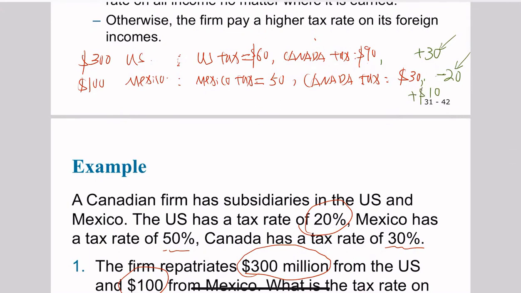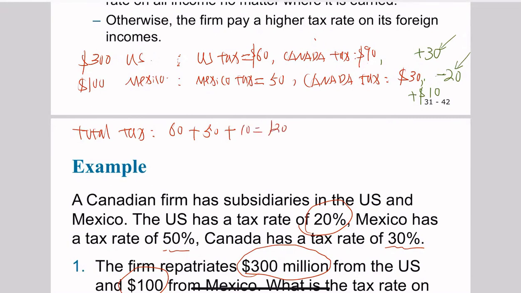Now we can calculate this firm's total tax. It has three components: a US tax of $60 million, a Mexico tax of $50 million, and it also owes Canada $10 million.